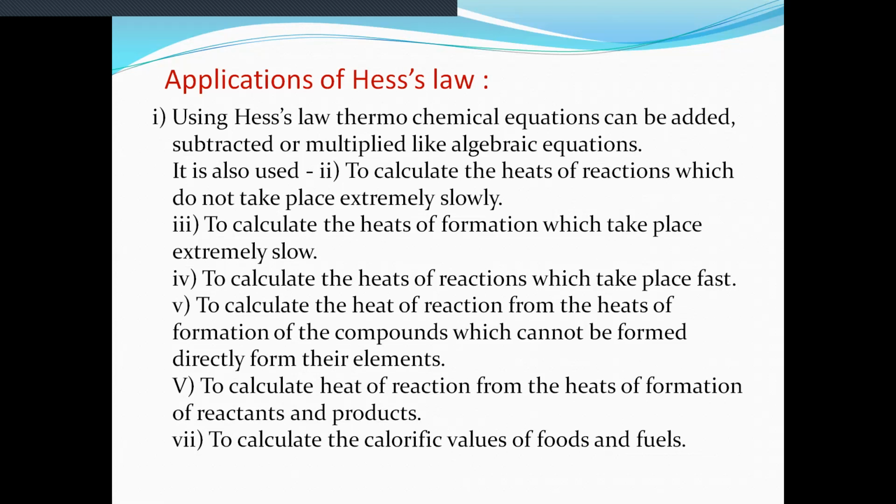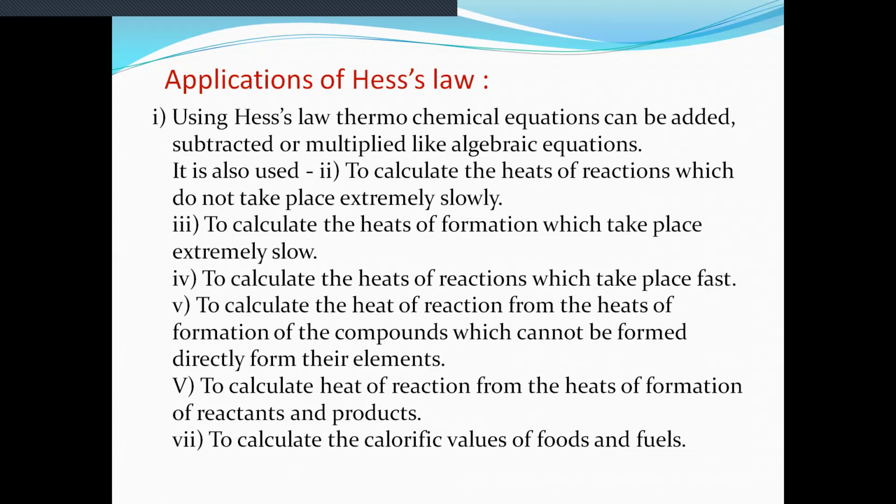Then some special cases for the first law of thermodynamics. And we have obtained a very important equation, the work done in an isothermal irreversible process. We have proved W is equal to P into (V2 minus V1).